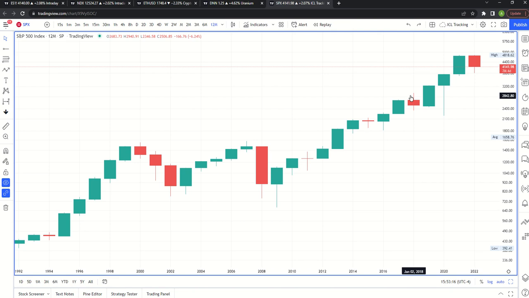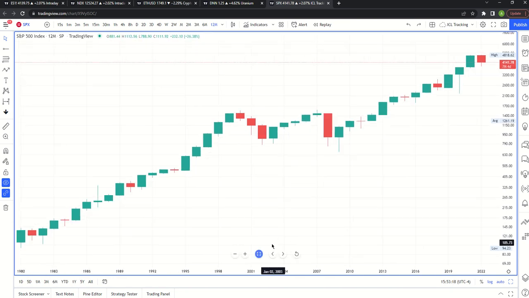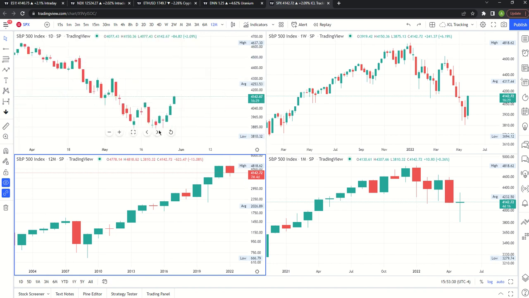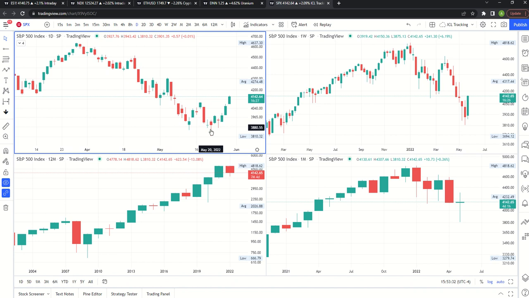And you're keeping in mind, things happen on the lower time frames and then cascade to the higher time frames. This may not make as much sense now, so we will review it again later. But I'll use this as an example. You see this low candle here? This low candle on the daily chart is the low that caused this on the weekly chart.